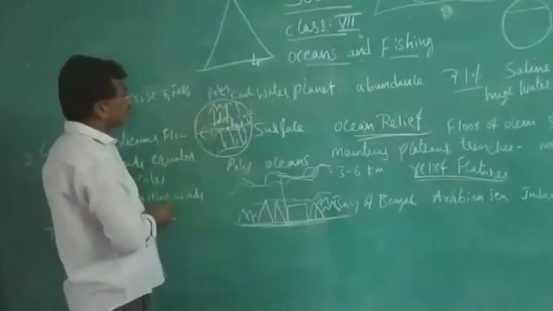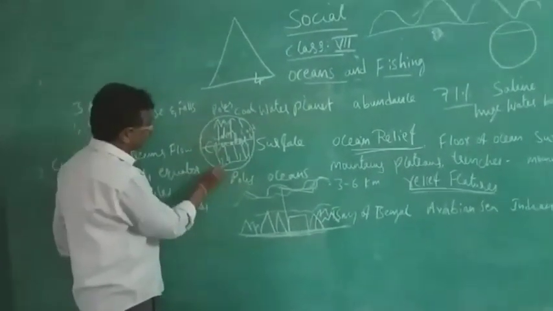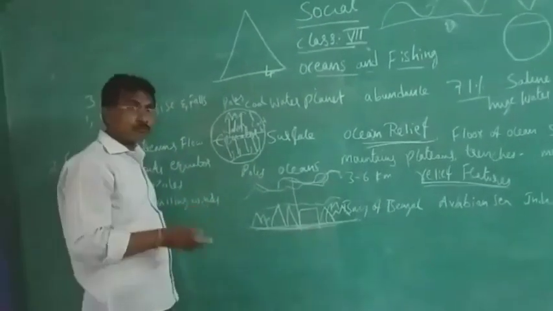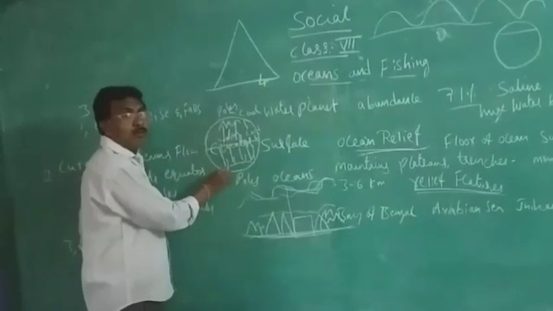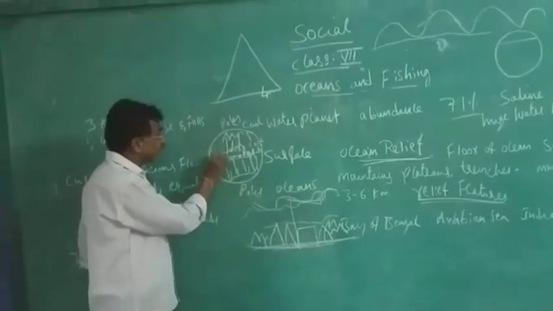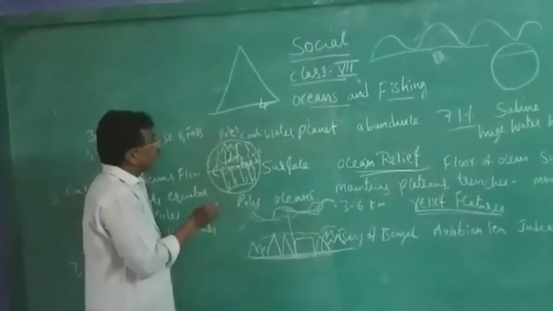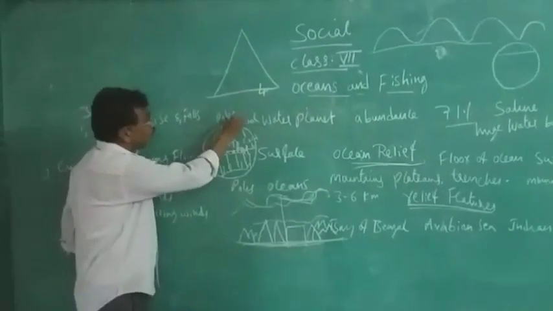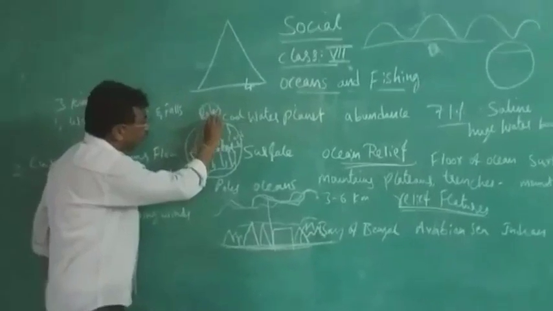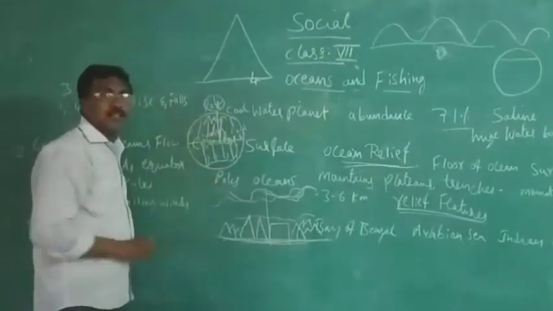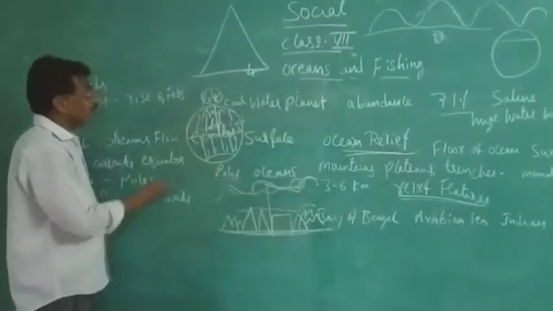You see, these warm currents are going to the polar areas. Listen properly. Warm currents are going to the polar region, and from the polar region, north pole and south pole, what is coming? From the polar region, these cool currents are coming this side. It is reverse. You see what is happening?